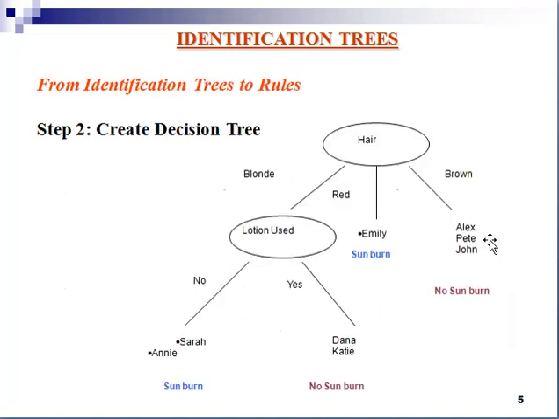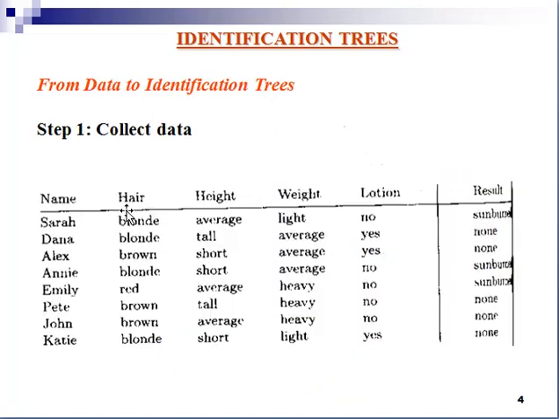But on the other hand, if you look at the blonde category, then the blonde category can result in a sunburn, and the blonde category can also result in a no sunburn output, right? So we cannot decide this output on the basis of only hair color.